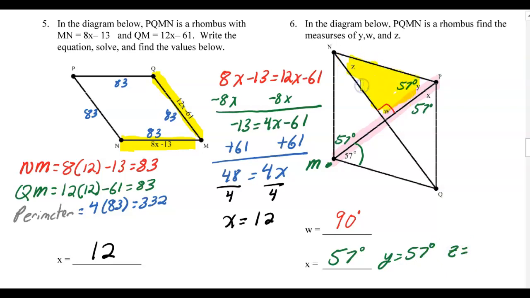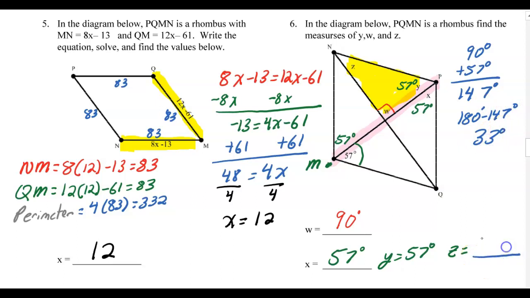So we know the angles in a triangle add up to 180 degrees. So to find Z, I add 90 plus 57. Doing that, I get 147 degrees. And then to find angle Z, I can subtract 147 from 180, and you'll get 33 degrees. So Z is 33 degrees.